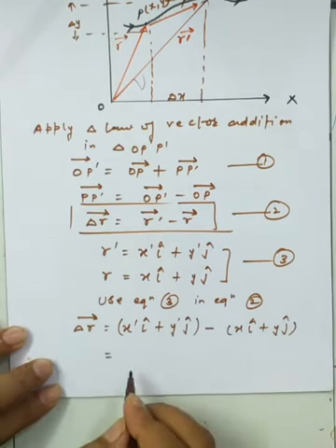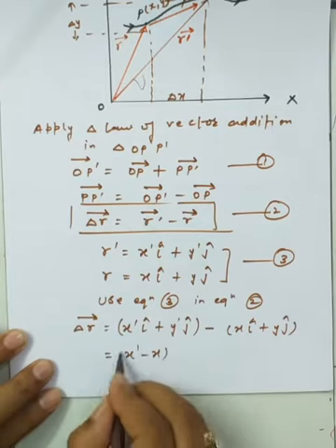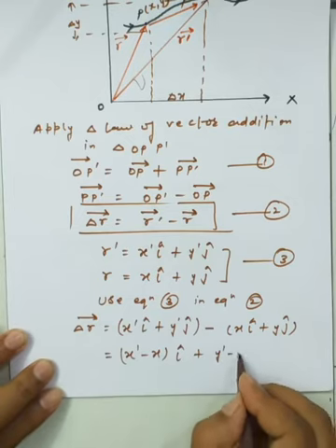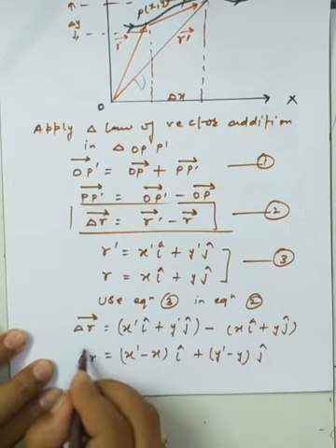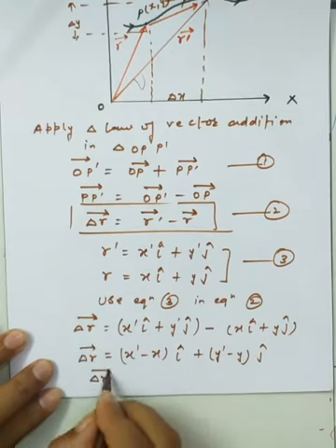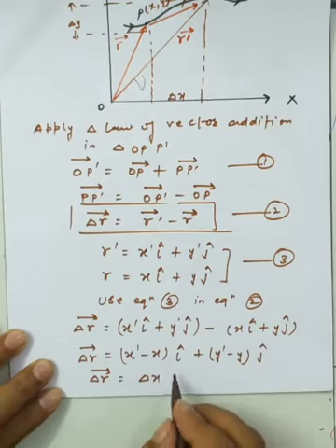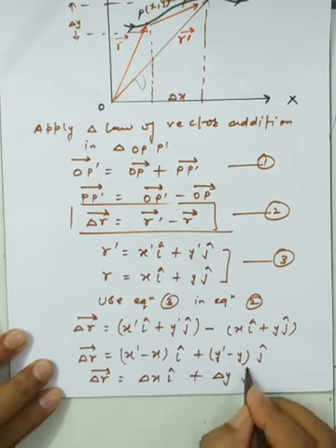Taking i cap common, x dash minus x i cap plus y dash minus y j cap. Simplifying further, delta r is delta x i cap plus delta y j cap.